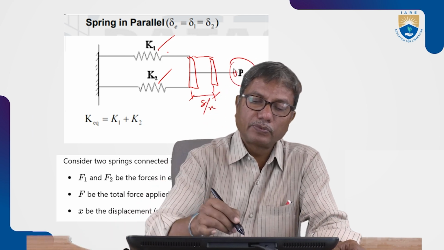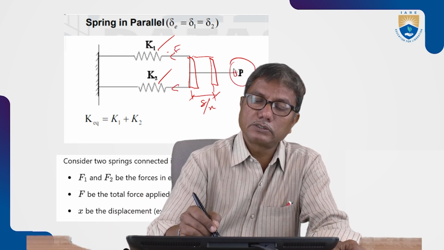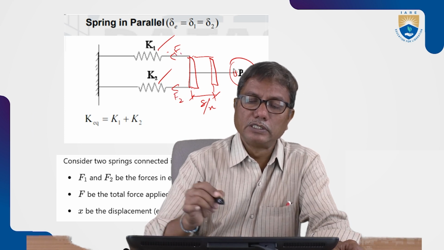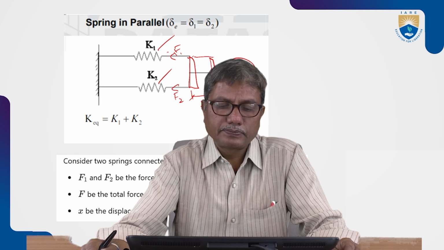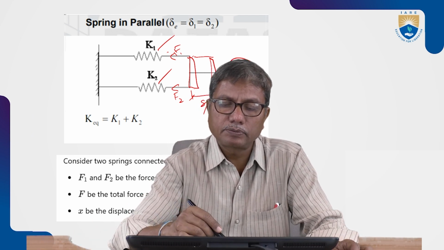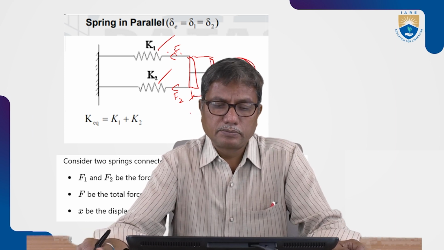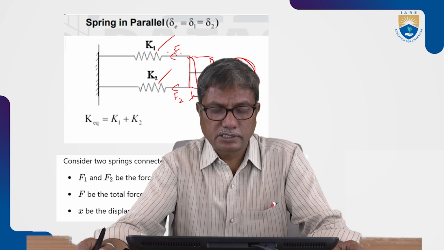But we can observe here, the force applied is shared between the springs. If there are n number of springs, this force P is shared among the springs in the ratio of their stiffnesses.